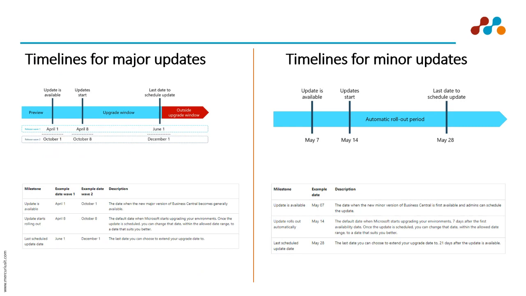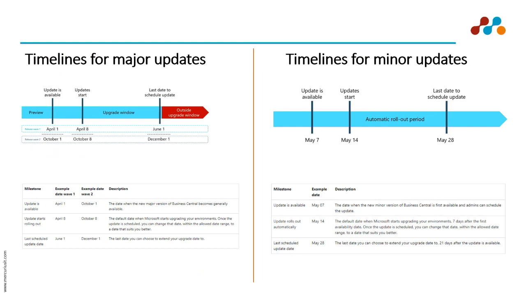So what is that upgrade window? Usually you have 2 months. For the update released in April, you have the upgrade window until June. Within this window, you can schedule your updates. That is, you can change the update date, the one that is default coming from Microsoft, to the one that you want to choose.